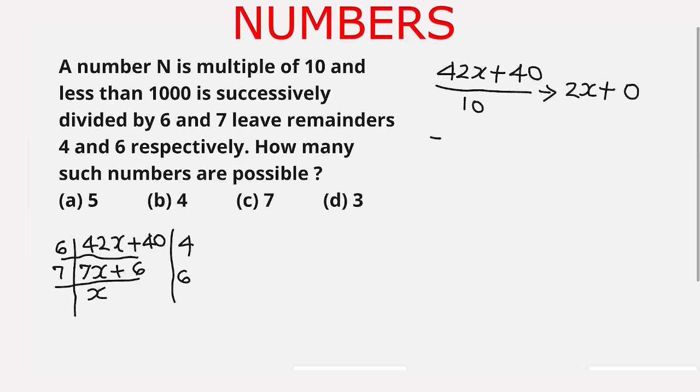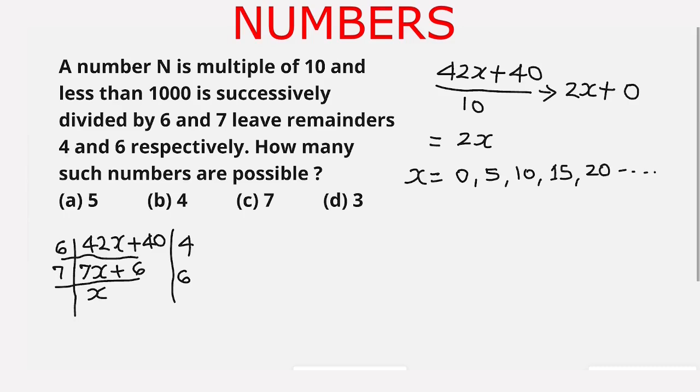This is equal to 2x, and this has to be equal to 0. It means that x must be multiple of 5. So the values of x can be x equal to 0, 5, 10, 15, 20 and so on.